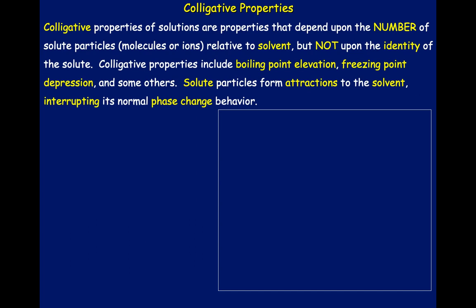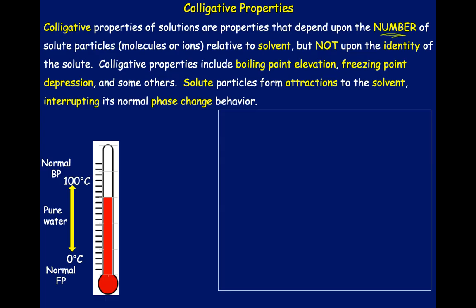So again, just to repeat, it's really important to know that we're dependent on the total number of particles, not really what the particle is. And we're going to see that as we move through this.